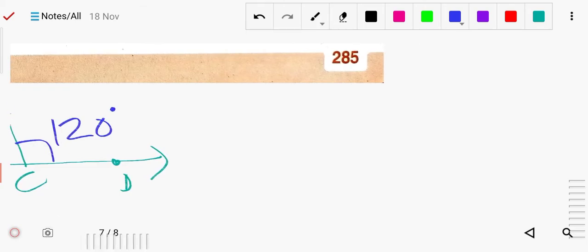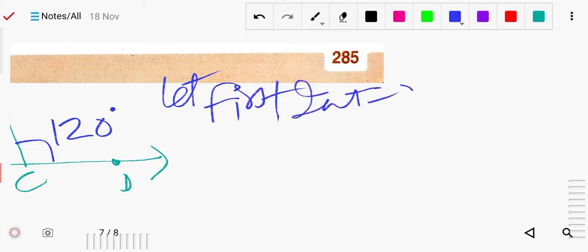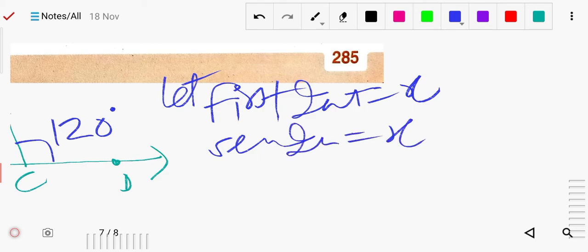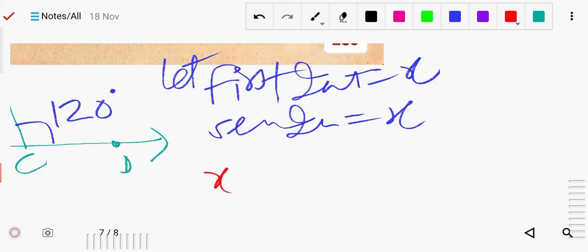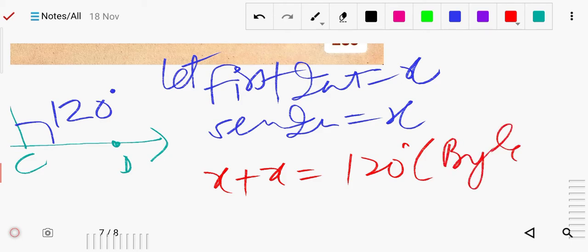So we can assume the same variable. Let the first interior angle be x degrees, so the second interior angle we can also assume x. So we can use that property and add: x plus x equals 120 degrees, by the exterior angle property.